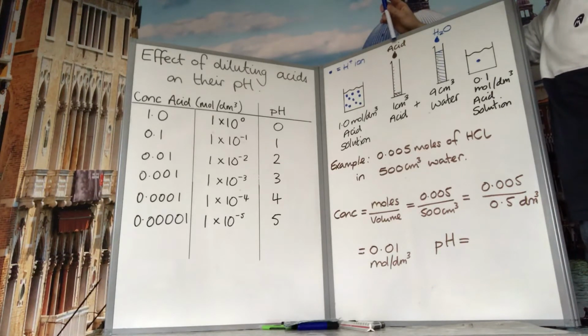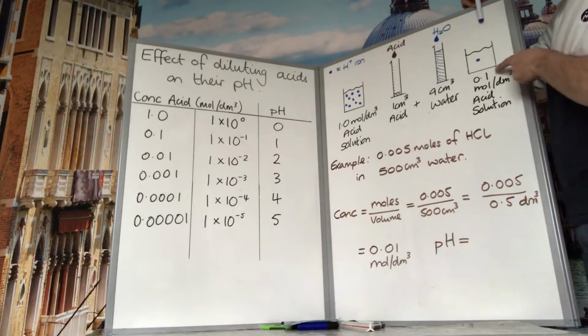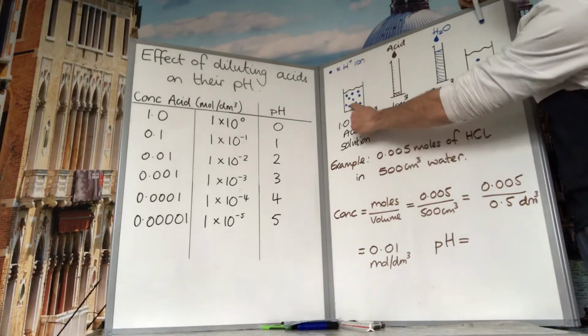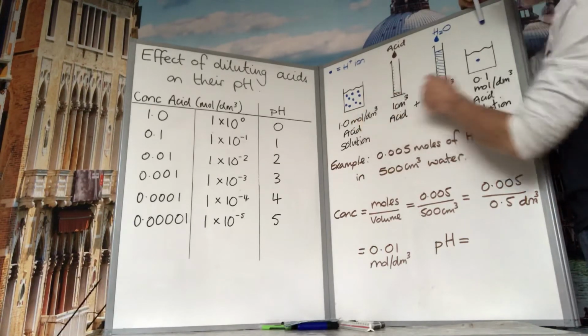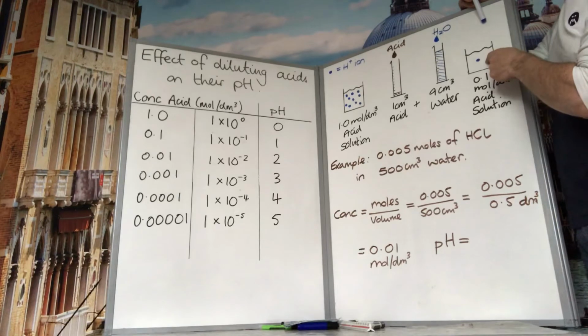If we take 1 centimetre cubed of that acid and we add 9 centimetres cubed of water to it to take it to a total volume of 10 centimetres cubed, we end up with a solution that is 10 times weaker, 10 times more dilute. So therefore its concentration is going to be 0.1 moles per litre. And you can see here the concentration of your H+ ions is 10 times less. So it's a weaker acid, so expect its pH to go up.